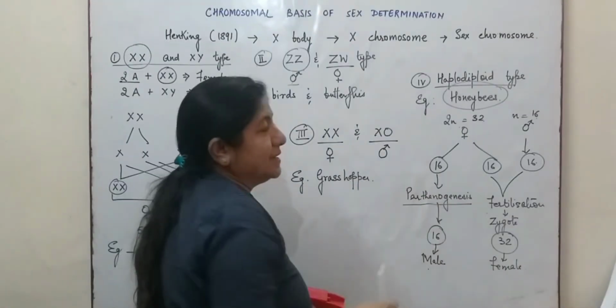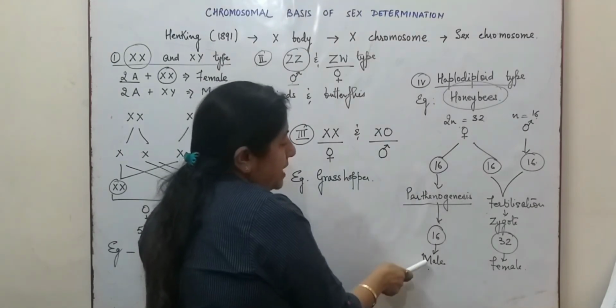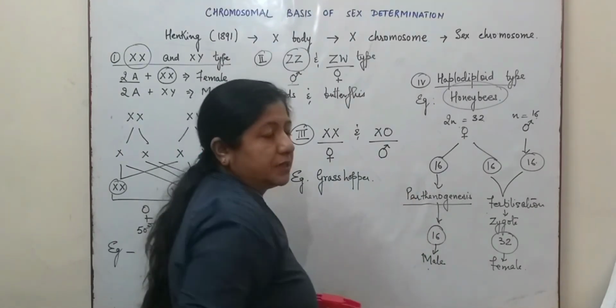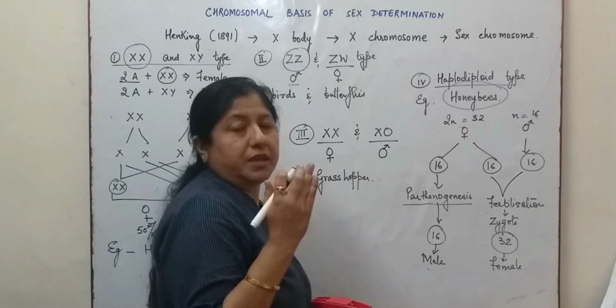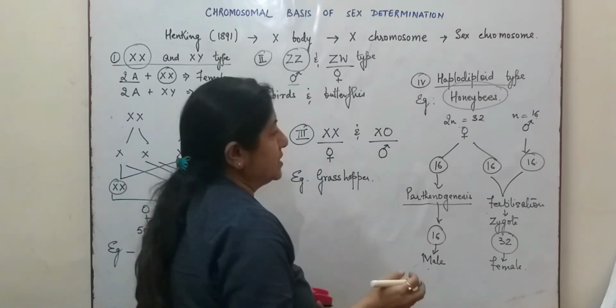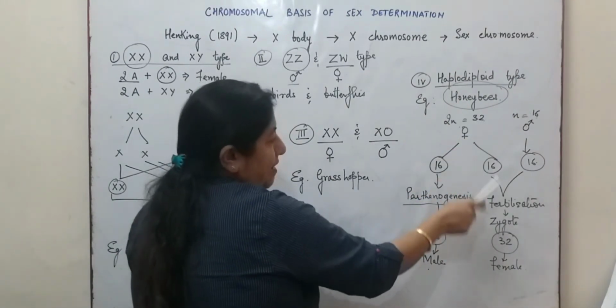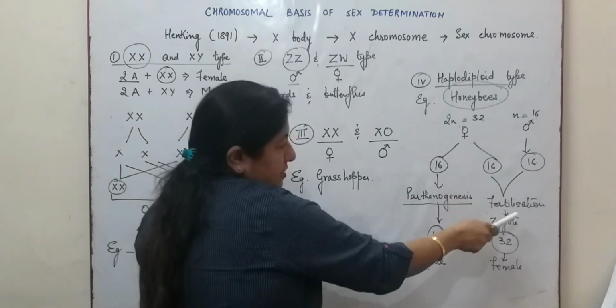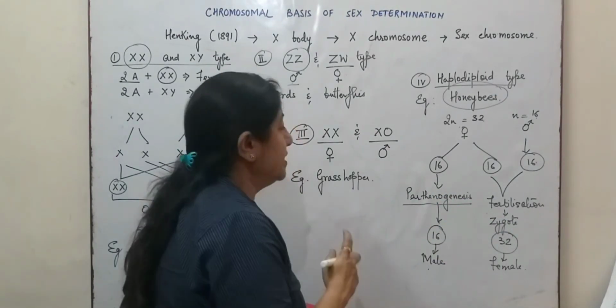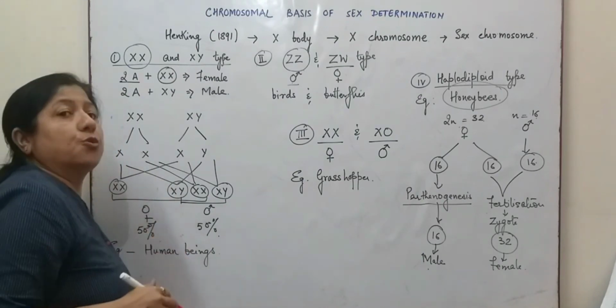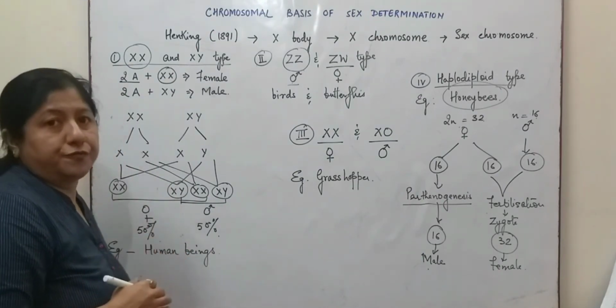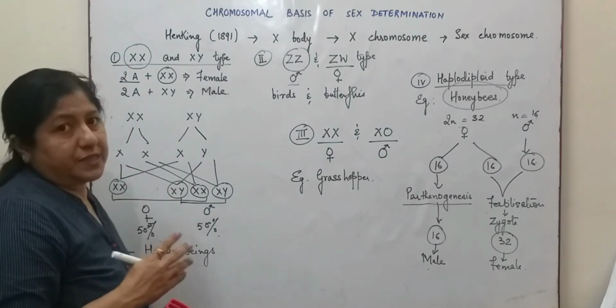The haplodiploid type is seen in honeybees, where males are developed after parthenogenesis, without fertilization, whereas females are developed after fertilization. So Henking played an important role in our understanding of the process of sex determination.